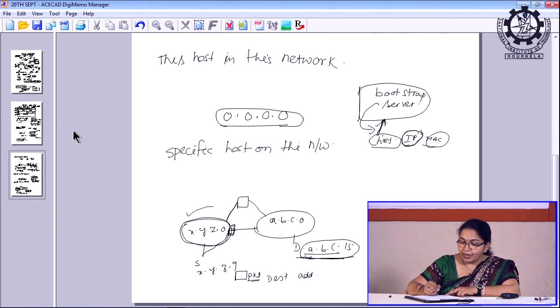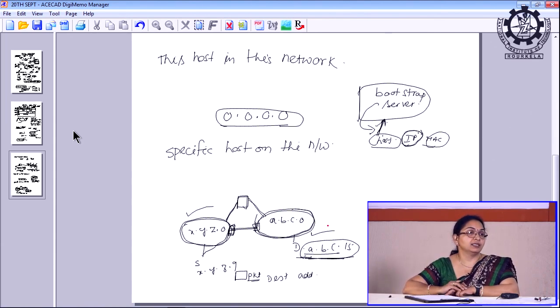So it tries to find out a network whose address is a.b.c.0, and then, as we saw in the previous case, the packet is forwarded to this gateway or this router, which does the same thing and hands over the packet to the network where the destination is identified.